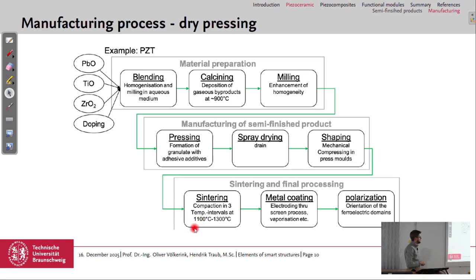It is performed between 1100 and 1300 degrees Celsius. Then we need, of course, the metal coating to apply the electrodes, to be able to apply the electric field if we want to use it as actuator or sensor. And afterwards the polarization we spoke about yesterday, to macroscopically use the piezoceramic effect.